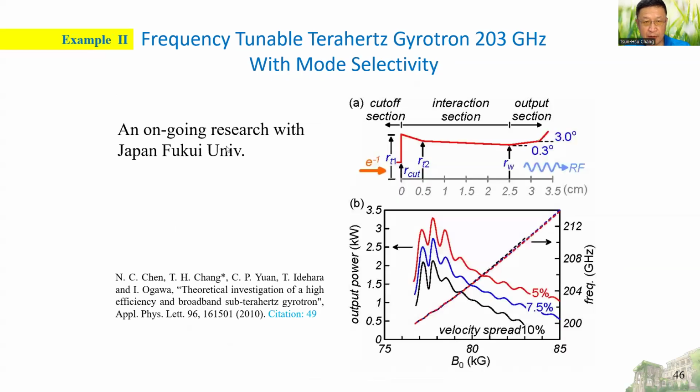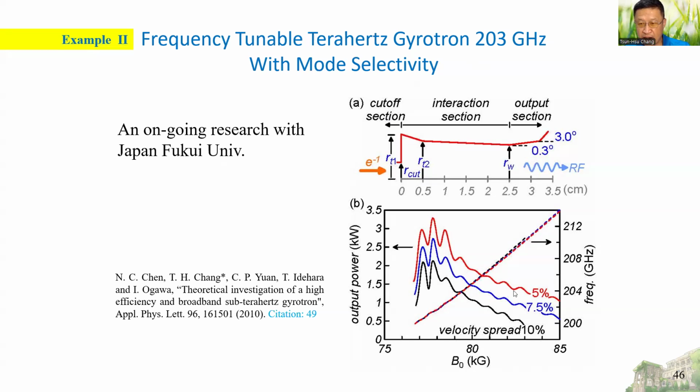Second, another example. We change to this structure, which has a sharp cutoff, but the middle is not uniform and also tapered. Four taper sections, so the middle section is not uniform at all. It's an ongoing collaboration, ongoing research with Fukui University.